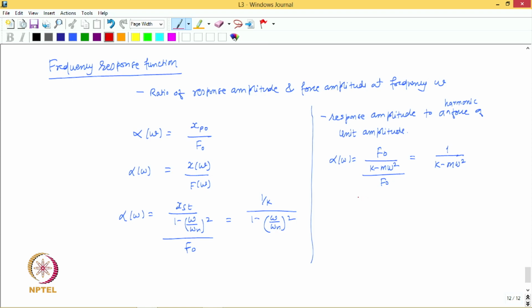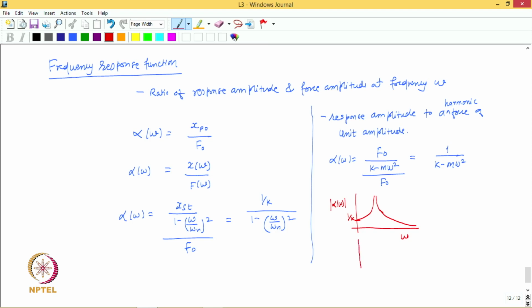If you plot the FRF, I can plot the magnitude of the FRF here as a function of omega. This plot is going to look like this, and this is 1 by k.